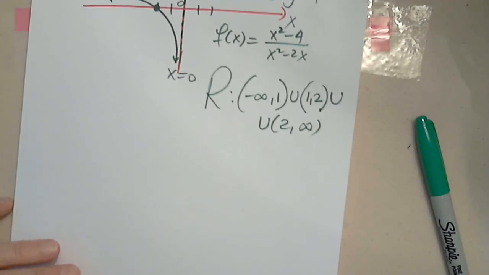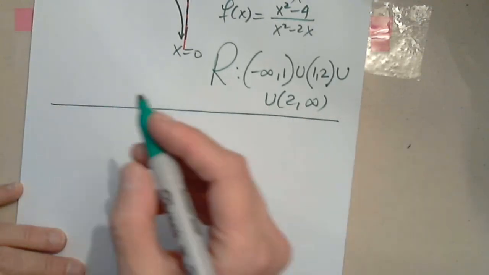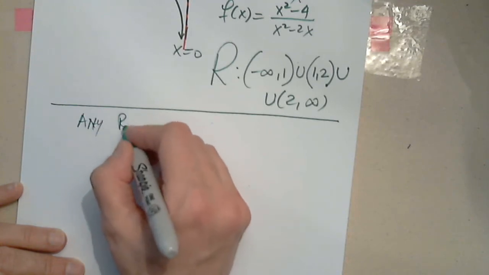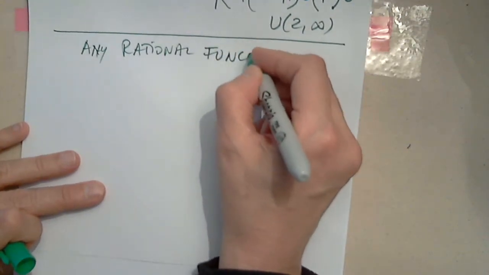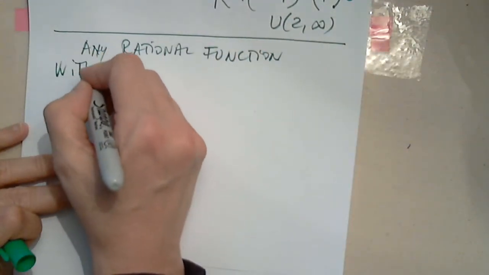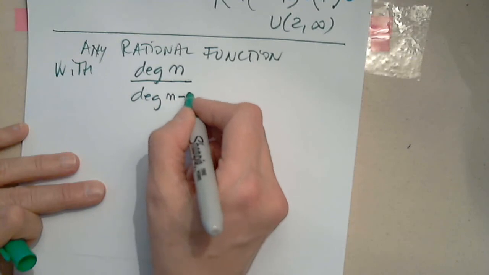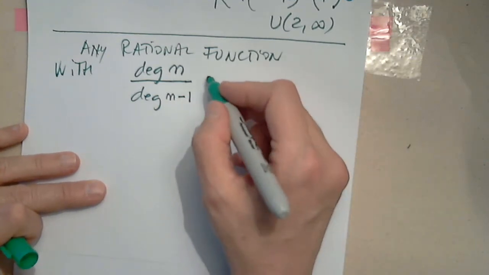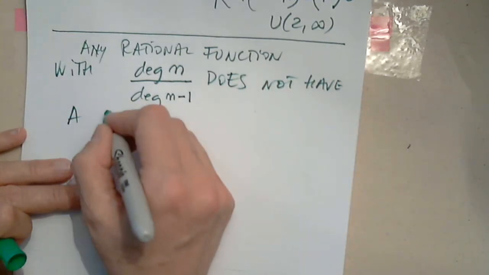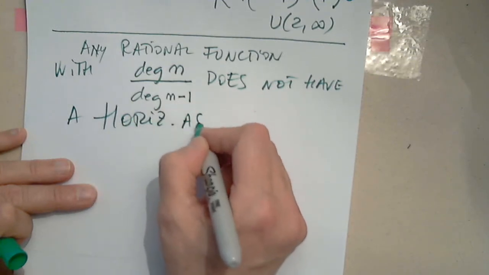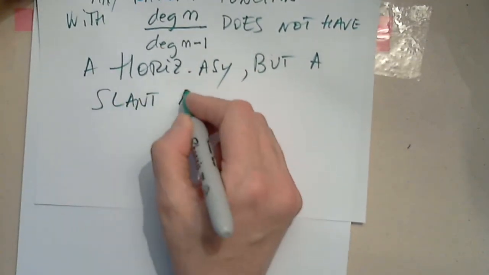So those functions, any rational function with degree n in the numerator and degree n minus 1 in the denominator does not have a horizontal asymptote, but a slant asymptote.